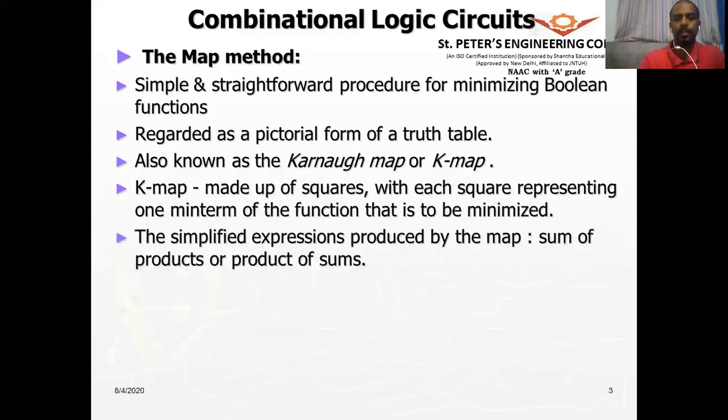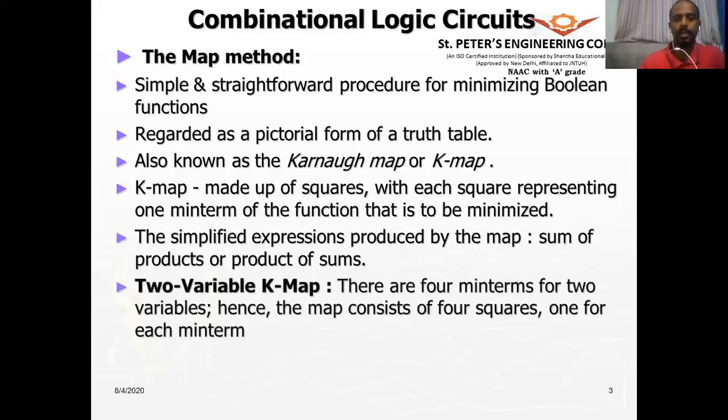For example, if we are having a two variable function, let us say f of x comma y, so x and y are the two inputs for the function. It can be a two input AND gate, two input OR gate, NAND gate, or anything. So x and y combinations will be 4. So therefore, we have 4 minterms, and each minterm is represented in a square.